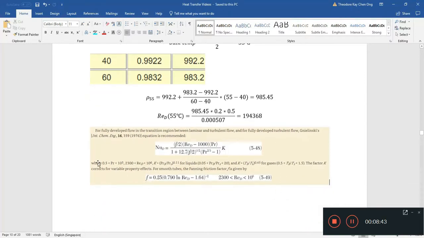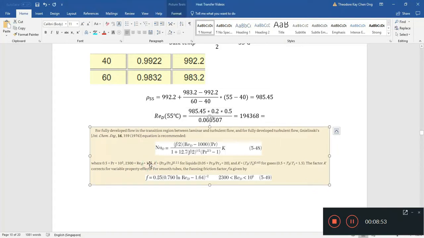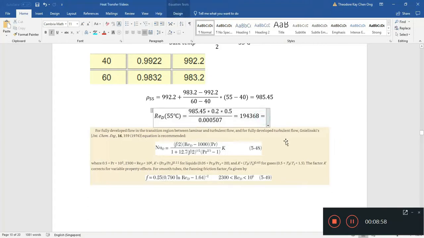We'll need a Fanning friction factor first. This is nicely within the range, because the correlation's Reynolds number range goes from 2300 to 10 to the 6, and ours is 1.94 times 10 to the 5th.